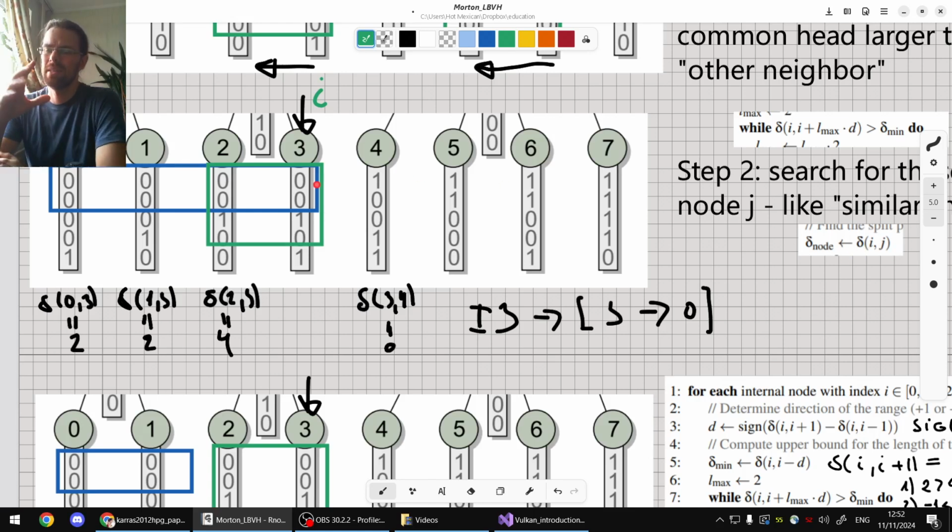In the paper it's kind of tricky to explain, but because nodes are ordered and they share the common head after subdivision, some form of common head, it's tricky.